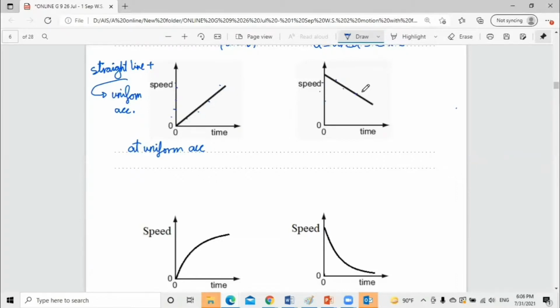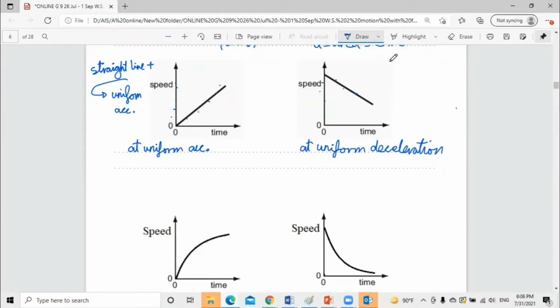But this speed, what happens to the value of the speed during the time؟ It's decreasing, slowing down. برافو شكرا. So that means here at uniform what؟ Here uniform acceleration, at uniform deceleration.